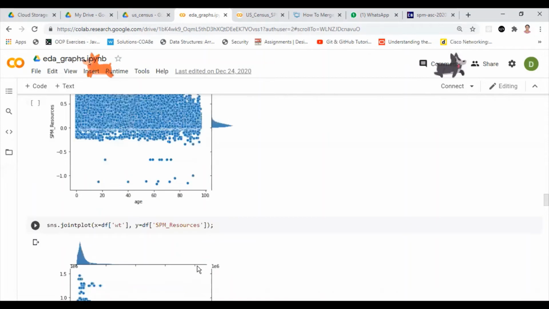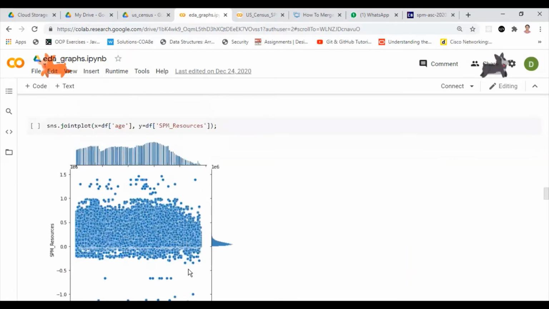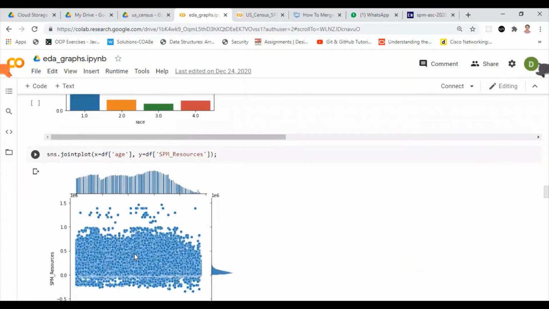However, we can see that as age increases, the SPM resources start to increase, although there is no perfect correlation between the two. And we can also see that the two attributes don't show normal distribution based on the graph that we can see here.